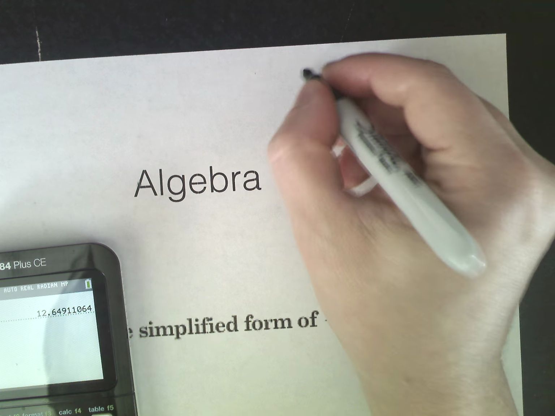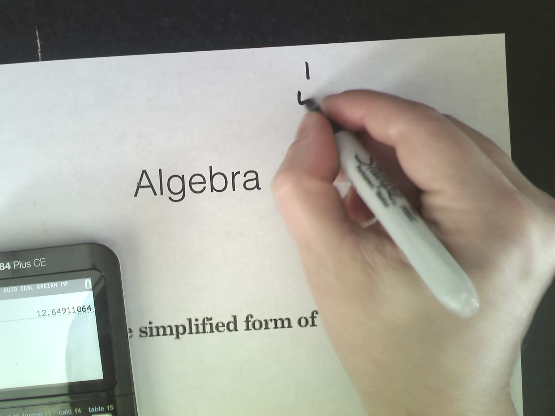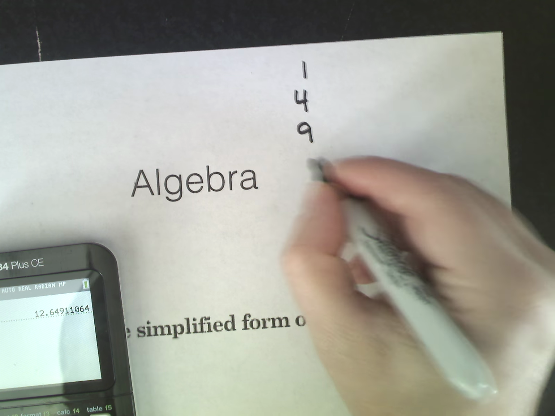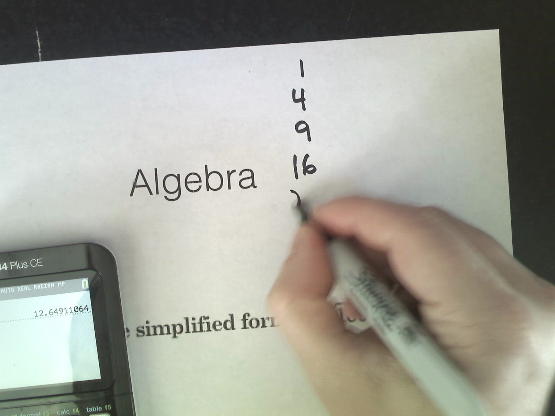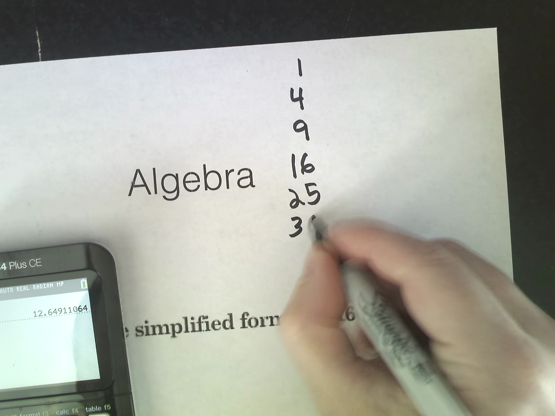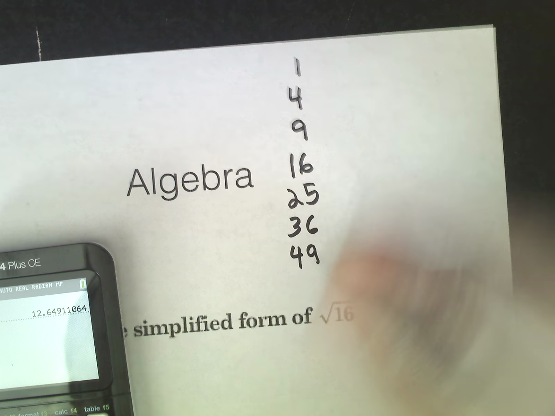Since the beginning, I've been talking about these numbers that are important to us. 1, 4, 9, 16, 25, 36, 49, 64.